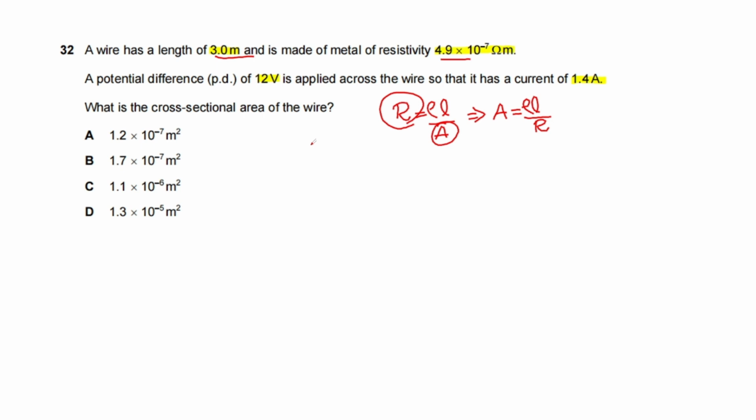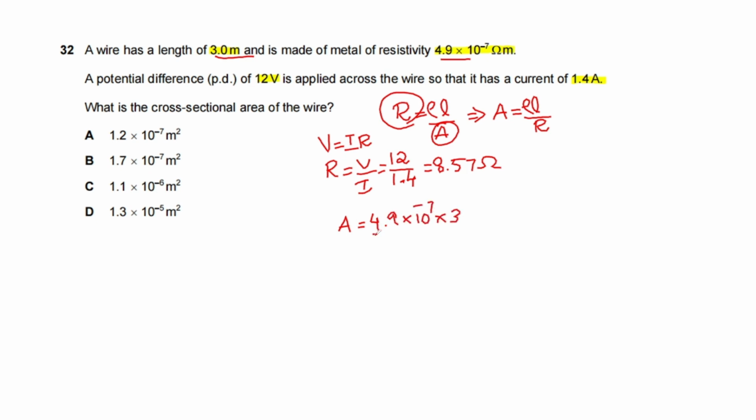For finding it, we can use Ohm's law. V is equal to IR, so R is equal to V over I. So the voltage is 12 divided by the current 1.4, which is equal to 8.57 ohms. Now we have all the values that we need, so please substitute those values.